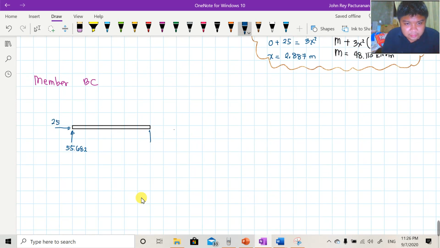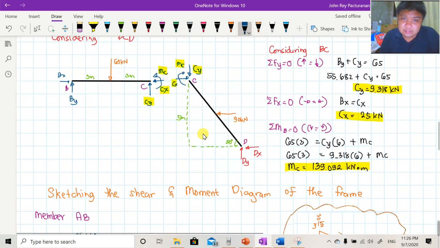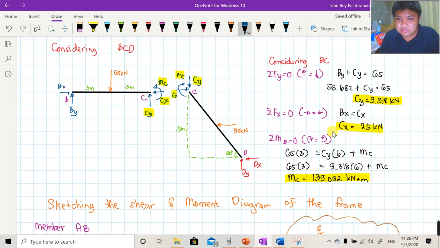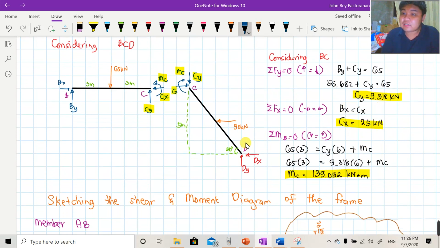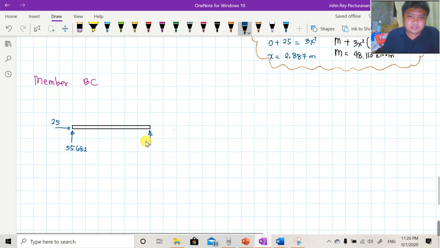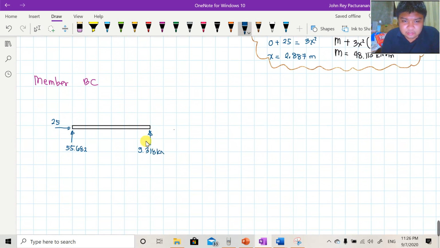On the other hand, sa CX, yung CX natin ay 25. Yung CY is 9.318. So, sulat natin siya as 9.318 kilonewton. So, meron pa tayong 25.